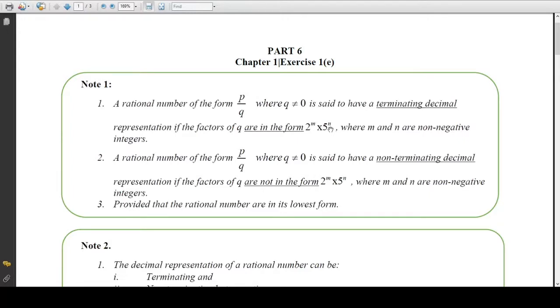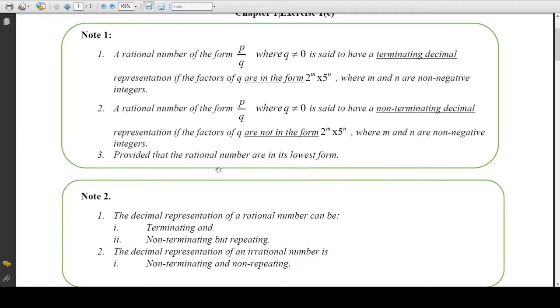Otherwise, if they are not in this form, it will represent a non-terminating decimal representation. Clear? In note number 2, the decimal representation of a rational number can be terminating, or it can be non-terminating but it should be a repeating decimal representation.